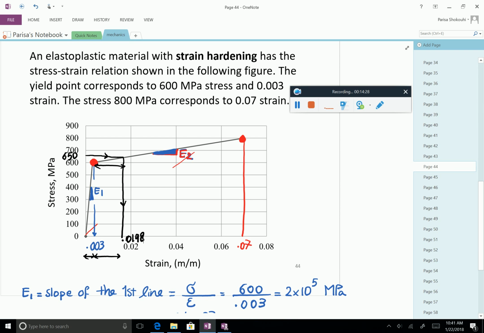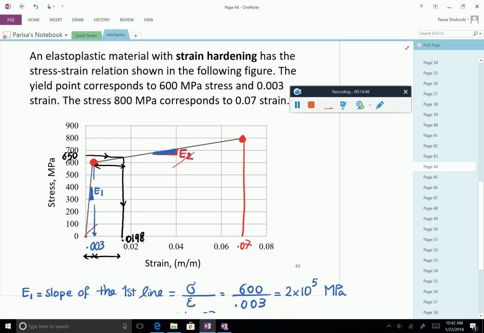There are two different slopes. So you have this part plus this one. So this is the change in the stress, 650 minus 600, and you just divide it by a slope to get it. It's much easier than trying to make things complicated.